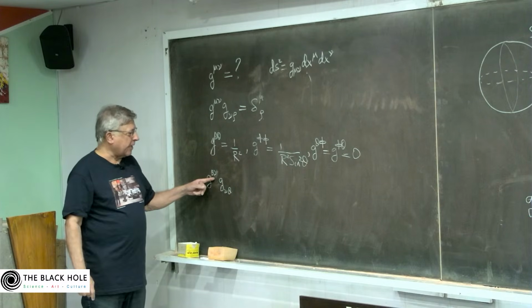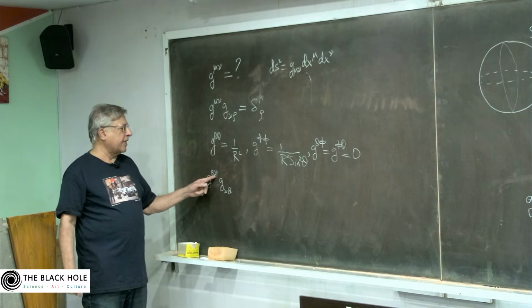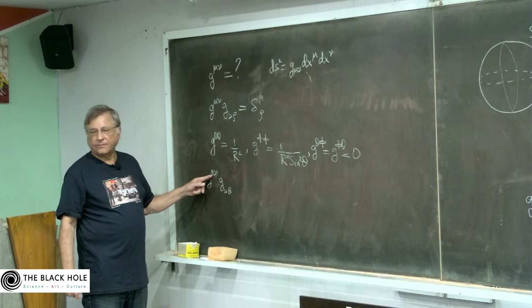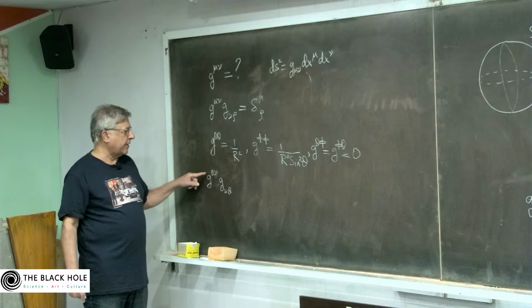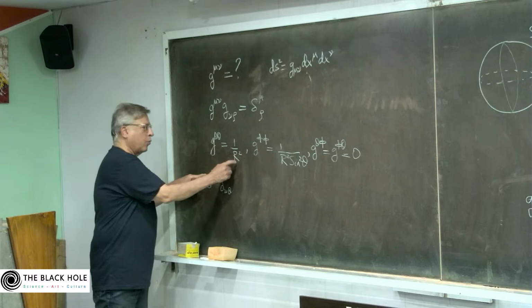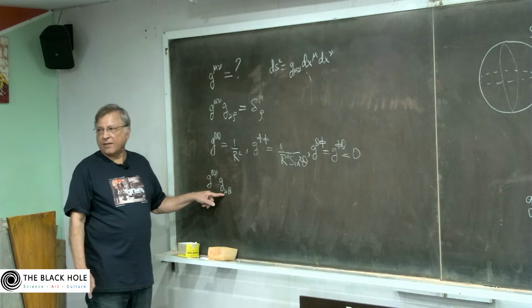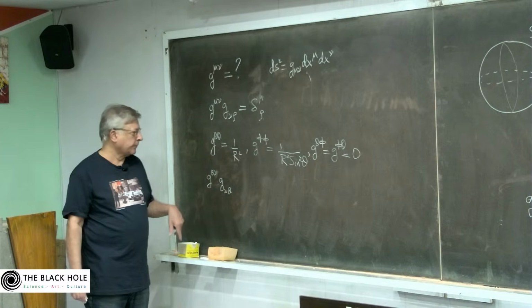I'm summing over nu, but this is diagonal, so unless nu is equal to theta, this will be 0. And if nu is equal to theta, this is 1 over r squared, this is r squared, so the answer is 1, as it should be.